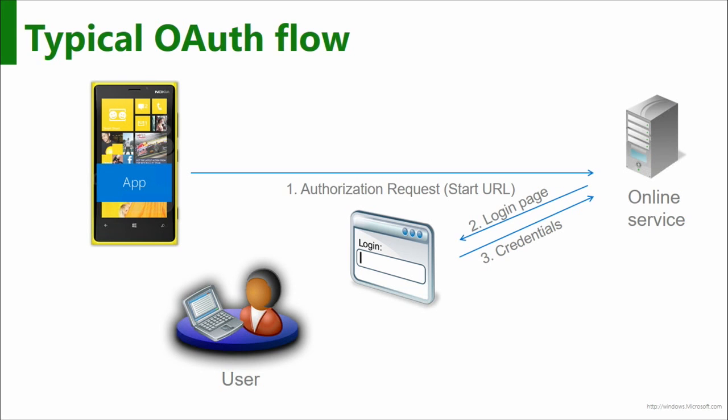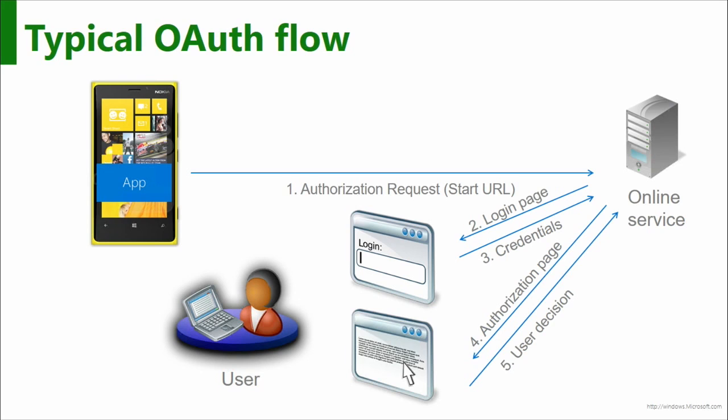So the user then enters their credentials, and then the service will put up an authorization page. This is where you see that such and such a service wants to grant access to your friends and your entire life and this kind of thing. Or your profile information. Yeah, your profile information. So this is where the user has to say, yeah, I'm good with that.